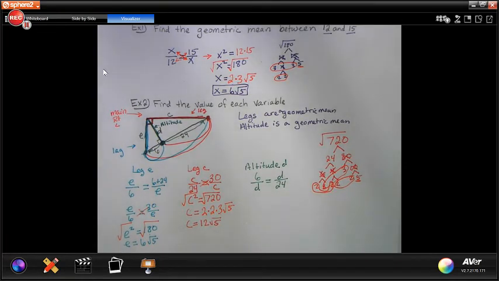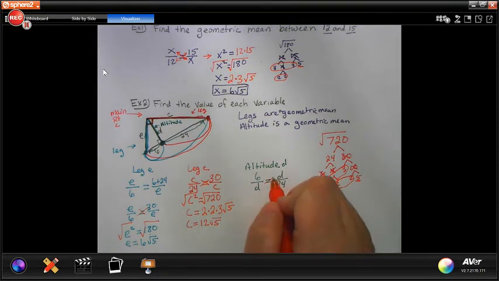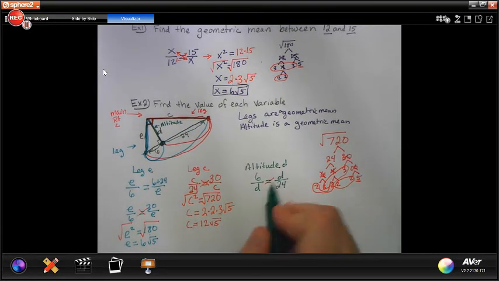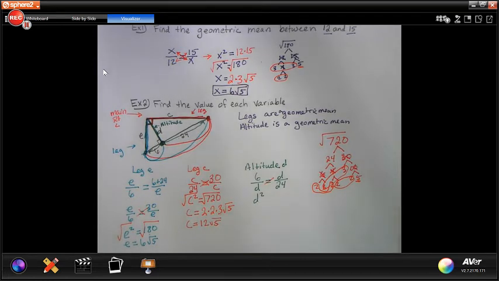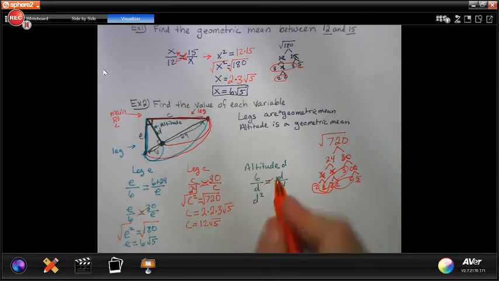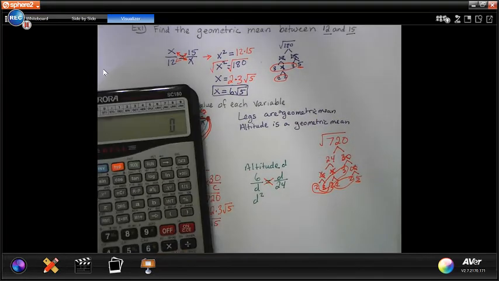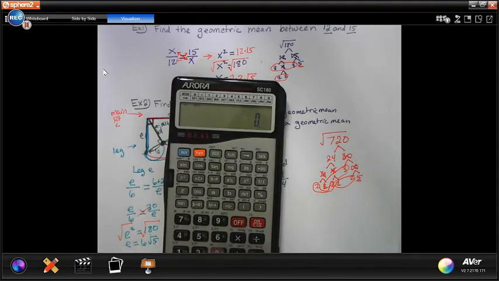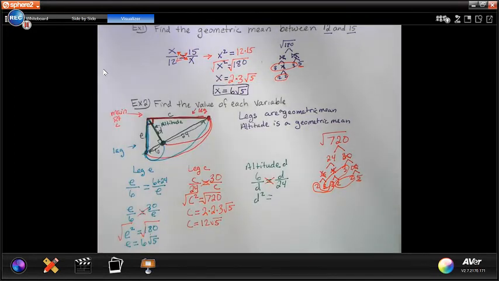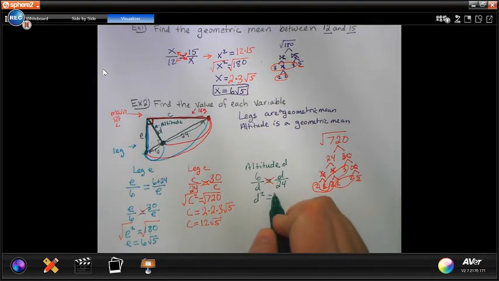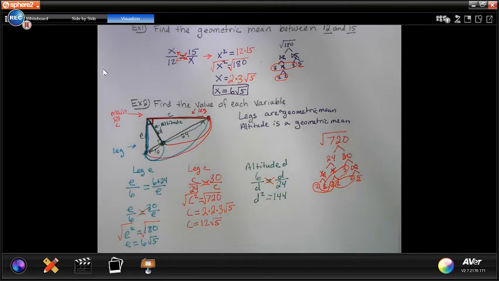Okay, cross multiply. Cross multiplying those two, I get D squared. I just like doing my variables first, habit. 6 times 24, so D squared equals 144.